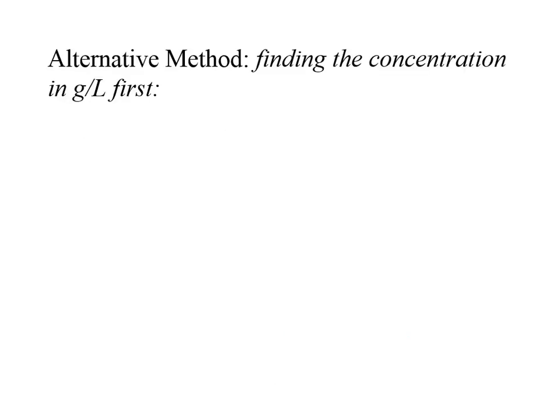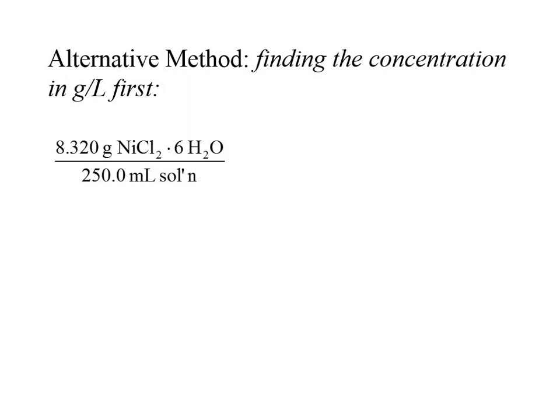So alternatively, you could go for A first. You could go for the grams of nickel 2 chloride per liter of solution, and this is one way to do that. If I simply go ahead and put the mass of the hydrate, 8.320 grams NiCl2.6H2O, over the volume of the solution, 250.0 milliliters, then you see I got to get to the grams of nickel 2 chloride in that particular situation.